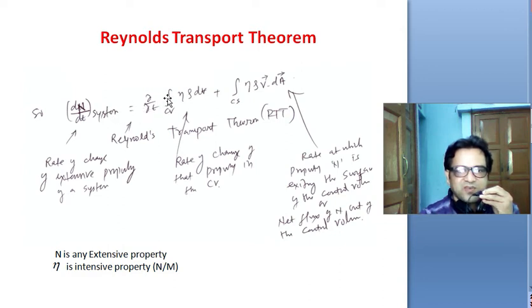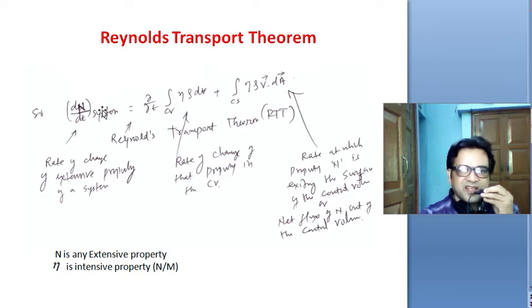its equivalent expression is del by del t integration of eta rho dV for the control volume plus integration of eta rho V dot dA for the control surface. So you know a control volume is always surrounded by a control surface through which mass, momentum and energy are entering and leaving.